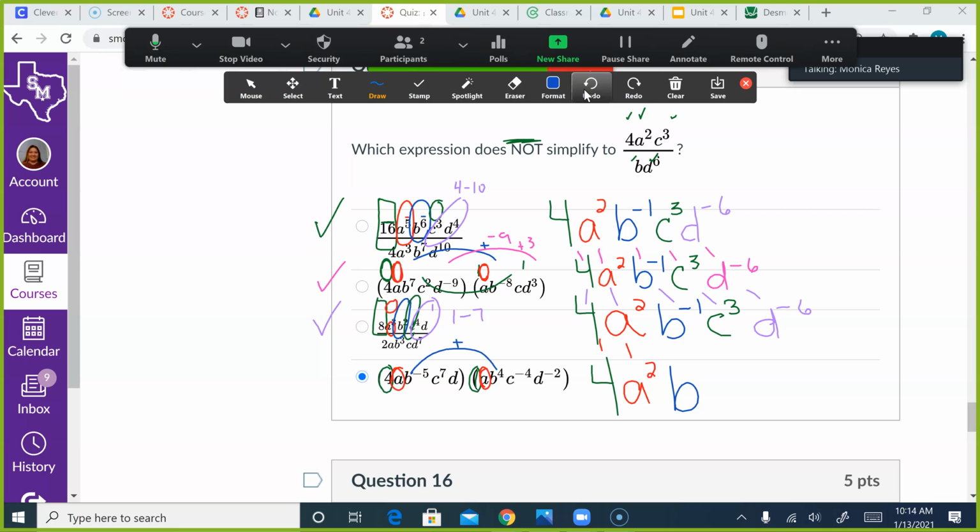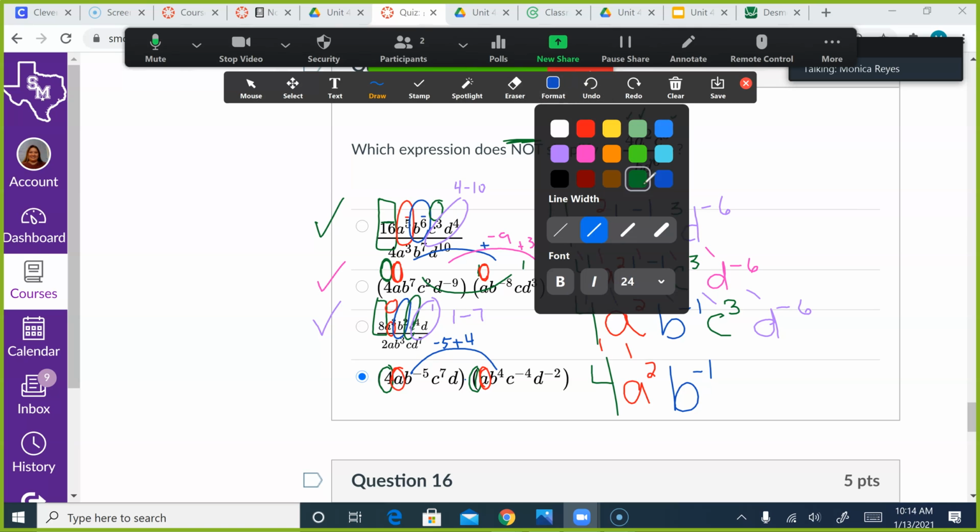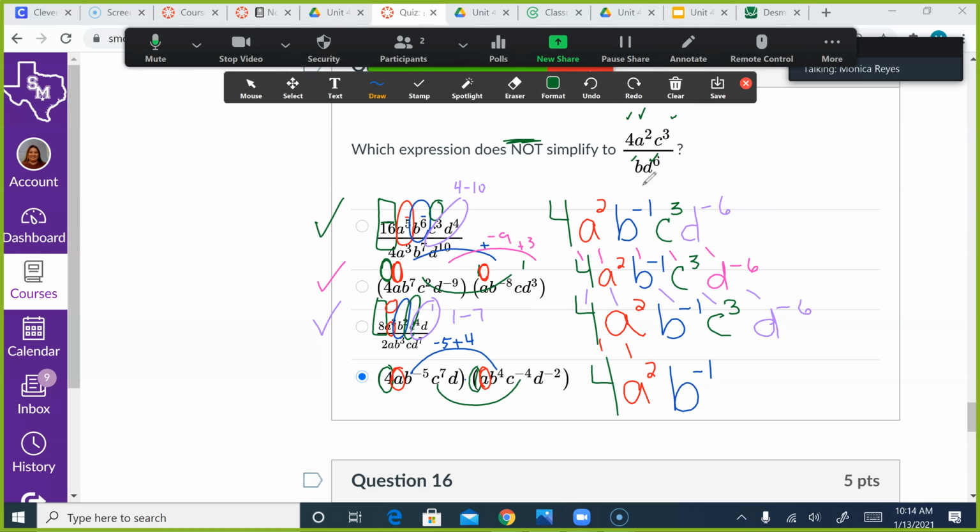We're adding these together. Since we're multiplying, we add the exponents. So that's going to give me a negative 1. And then for the C's, we add 7 and negative 4. 7 and negative 4 makes 3.